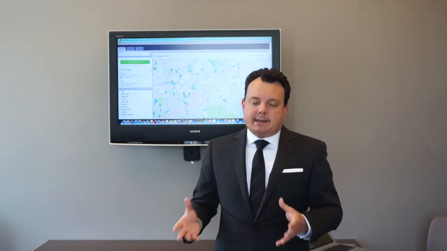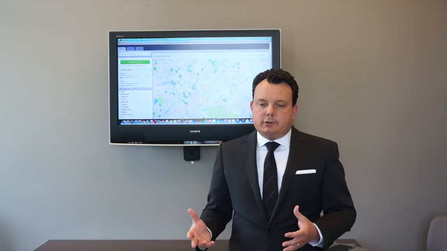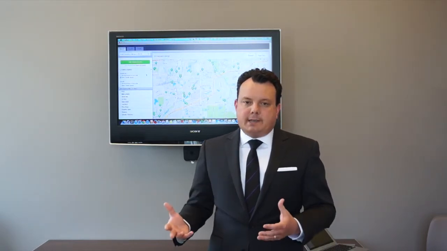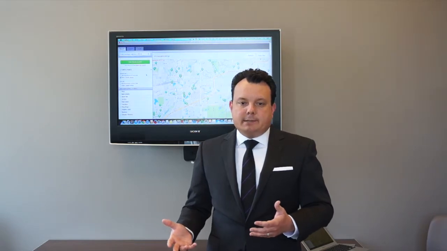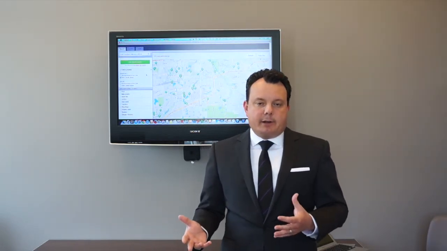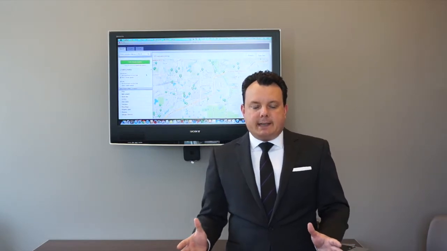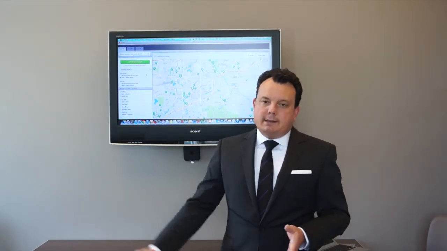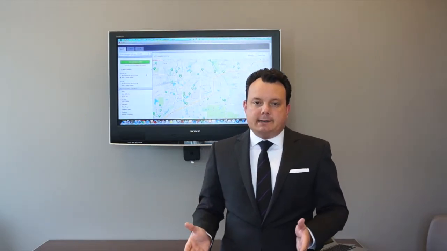But we have access to a huge tenant database that we're constantly marketing to. So we always have tenants for these properties. Our average turn time is about 27 days to get a property rented. That's not to say every property is going to rent in 27 days. Some rent in 2 and some take 90 days to get rented. But we do have a good tenant database.